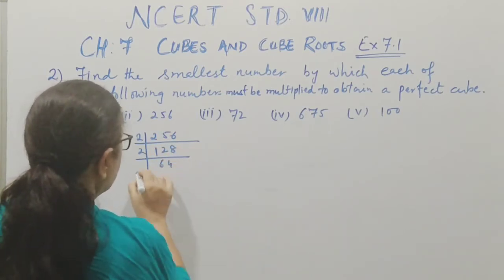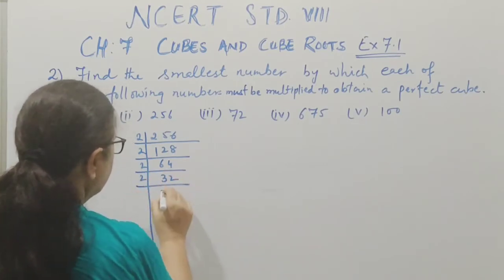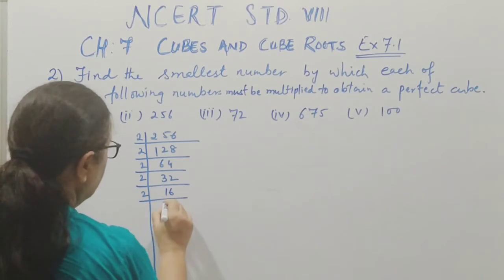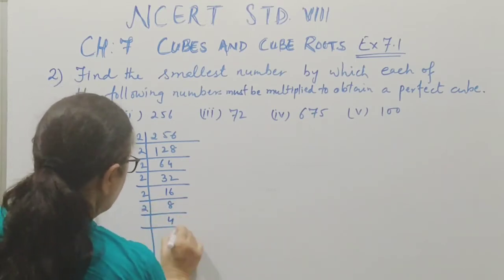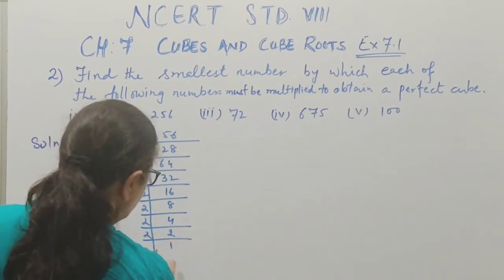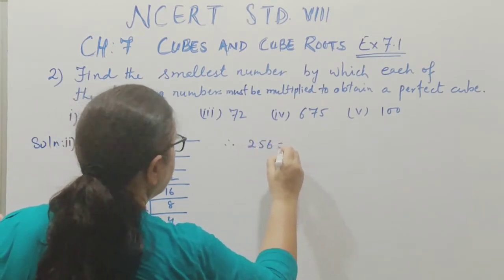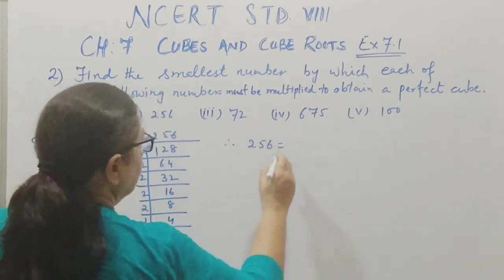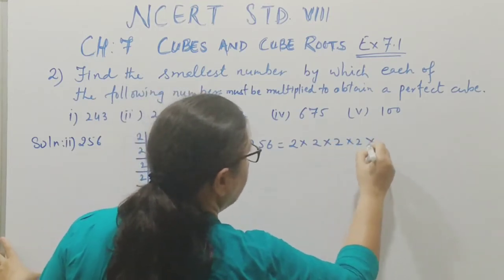Again by 2, again by 2, again by 2, again by 2, again by 2, again by 2, then again by 2. Therefore 256 is equal to 8 times 2 is multiplied here.